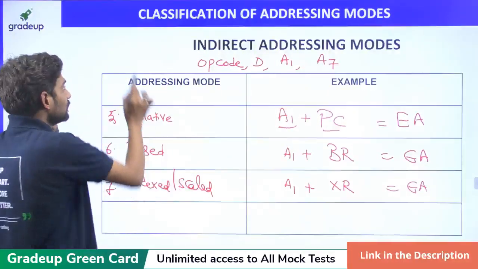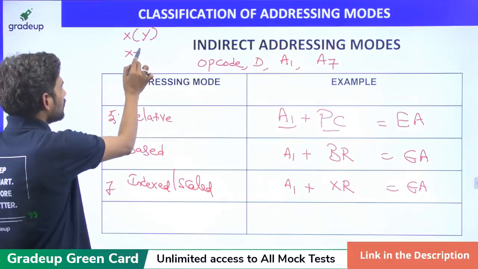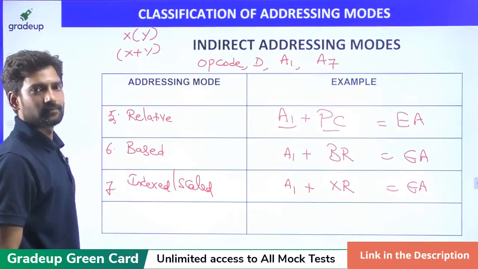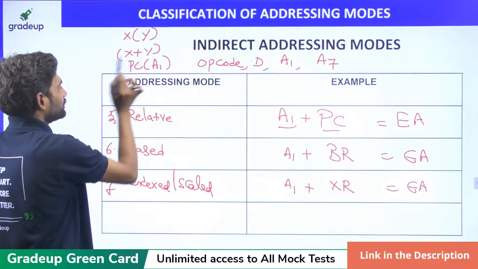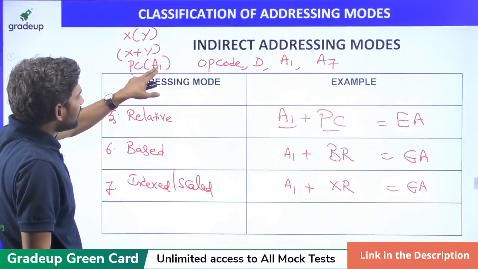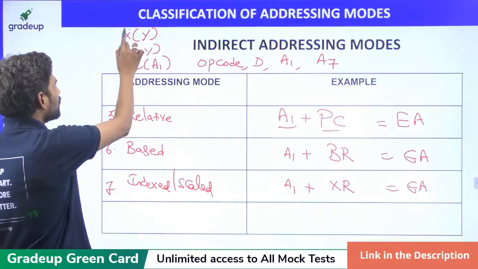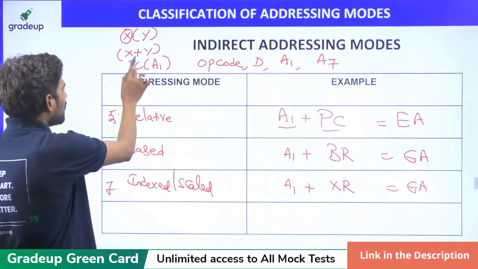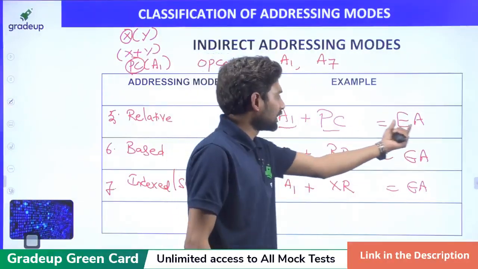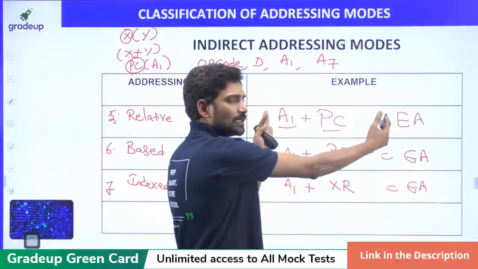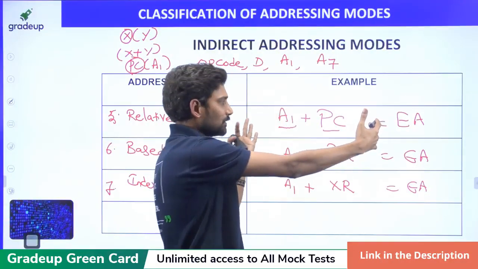Guys, I already told you, when some operand is in the form of x of y, this is equal to x plus y, isn't it? So it is like PC of A1. PC content is added to A1, then you get the actual address, isn't it? The effective address and the specified address differ by, are displaced by this much.